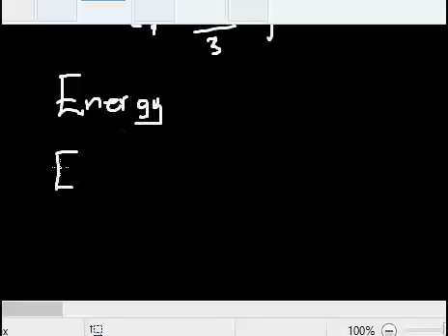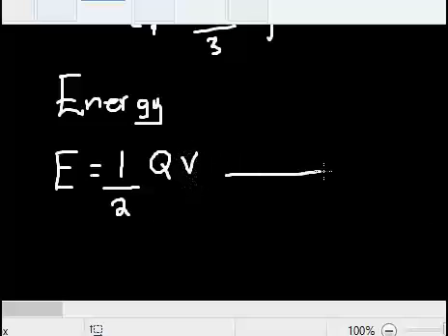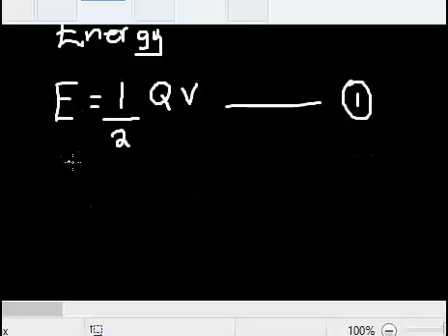The energy that a capacitor stores in an electric field is given by half of the total charge stored, multiplied by the voltage, the potential difference applied. So this is one formula you can use to evaluate energy stored by capacitors in an electric field.